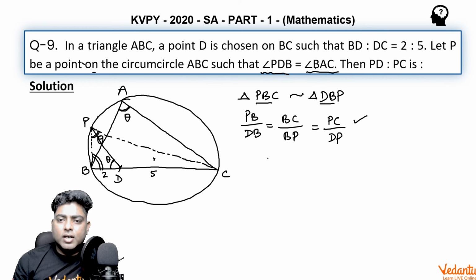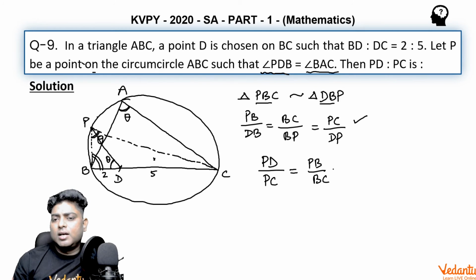So I can write PD upon PC as PB upon BC. And again, if I write the same thing, because here the unknown BP is here also, right? BP is not known to us.